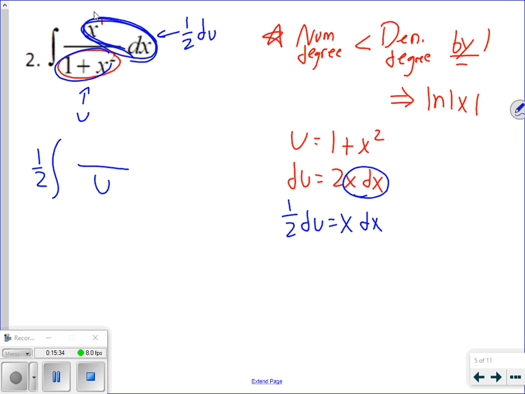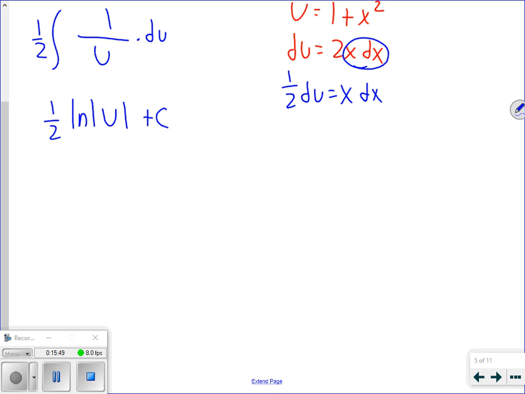So I just have 1 times du right here. And then we know the integral of 1 over u is ln absolute value of u plus c. And then we just plug back in what u is equal to. We're done with the problem.